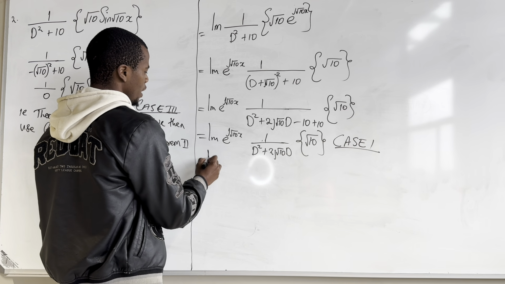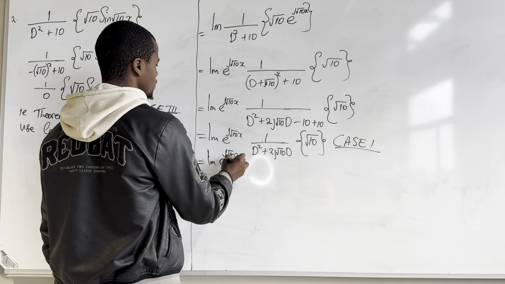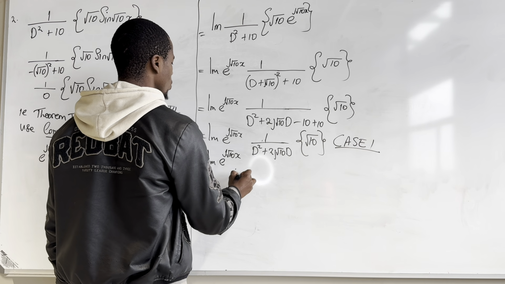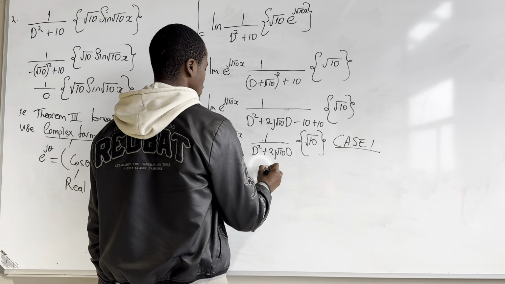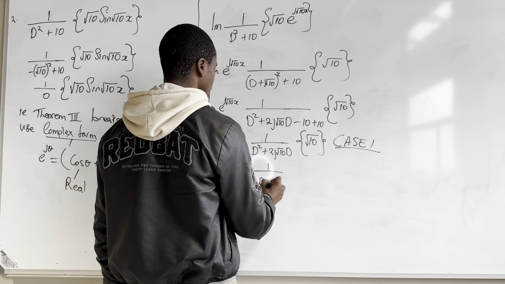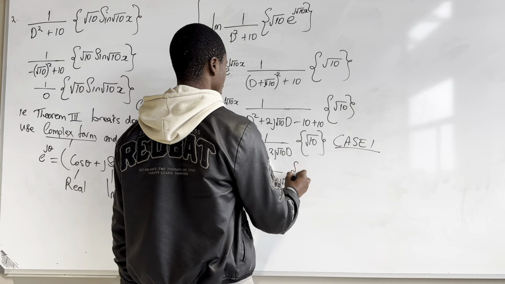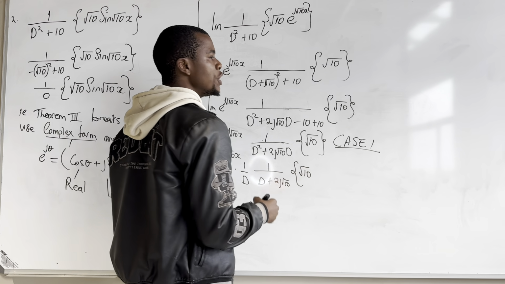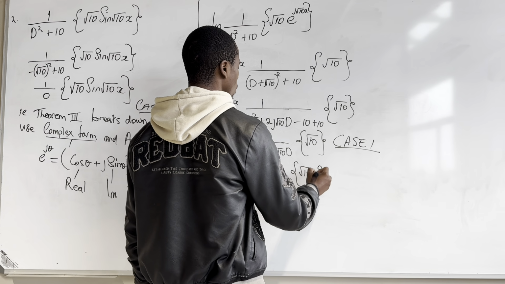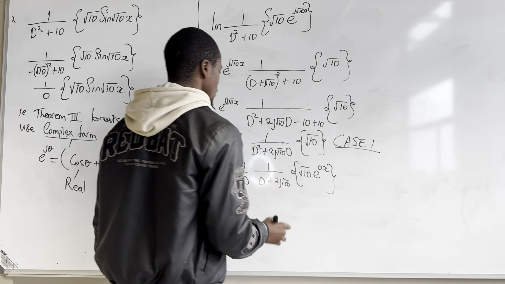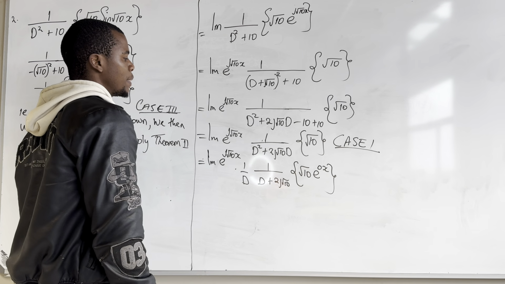So we have the imaginary part of e to the power of j root 10x, and then we take out that d, so we have 1 over d, and then 1 over d plus 2j root 10, and then the root of 10, and then we introduce the factor e to the power of 0x.